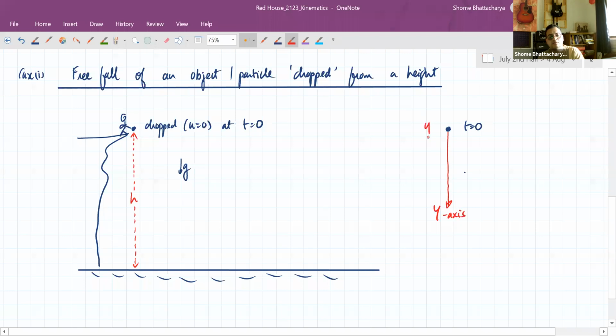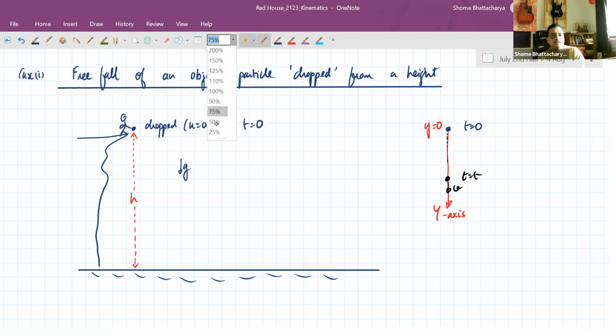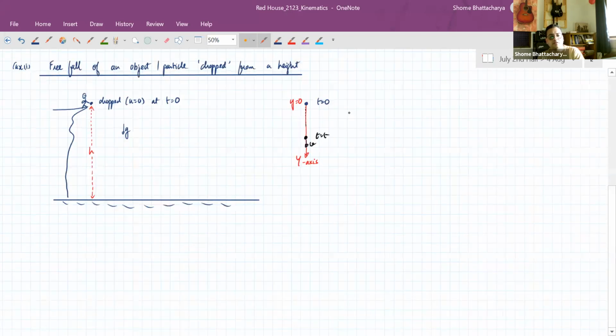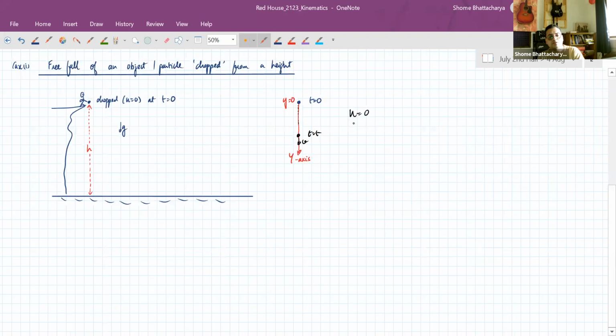We'll take this as our y equal to 0. Then suppose by the time it's t seconds, the object has reached here, its velocity has become v. Then for writing our equations of motion, we can say that its initial velocity is 0 and its acceleration is plus g, because g is in the downward direction and we've taken the y-axis downward.